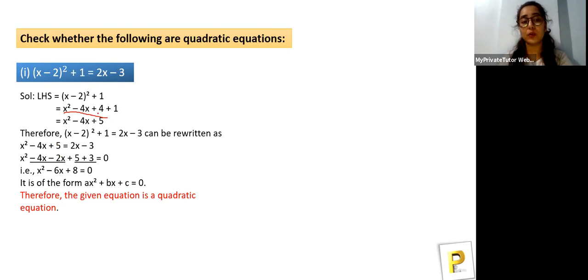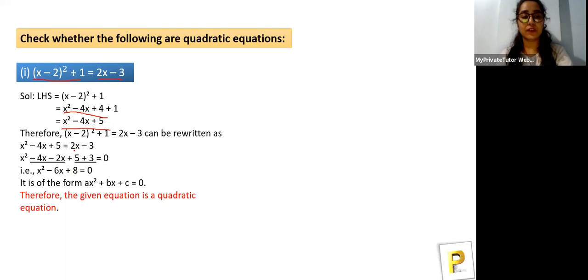Now if you add 4 and 1, it becomes 5. So this is the equation that you get. Now we'll shift this term also on the left hand side with this equation. So x square minus 4x plus 5 is equal to 2x minus 3. We simplified this part and we just wrote it over here.